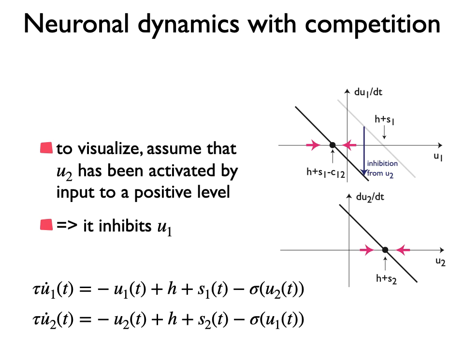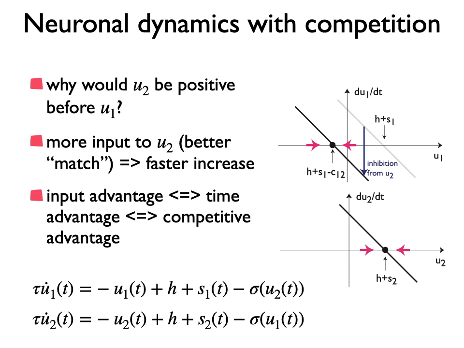And why would neuron number 2 be the one? First of all, if everything is symmetrical, it could just as well have been the opposite. It could have been that U1 is on and U2 is off. So either competitive solution, where one is on and the other is off, is a stable state under symmetrical conditions. So why would one of those neurons become positive before the other one?